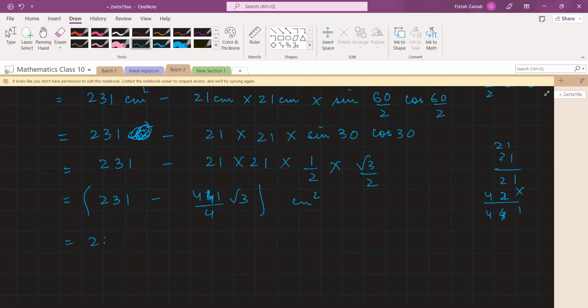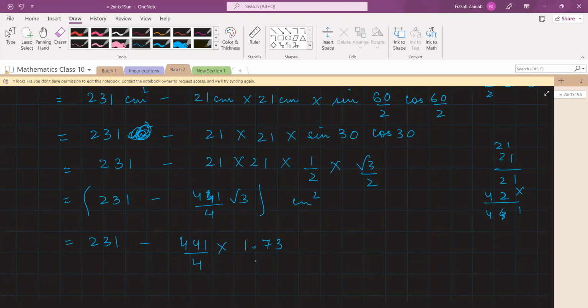So this is 231 and minus 441 divided by 4 and into, how much is root 3? 1 point. Nobody remembers, right? See, I gave you this value, 1.73, isn't it?